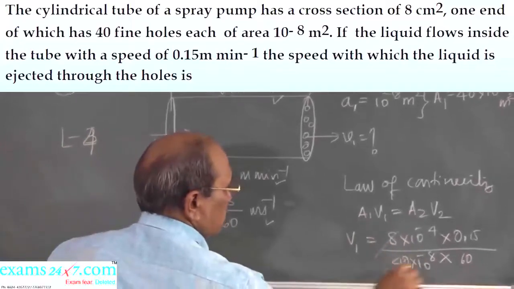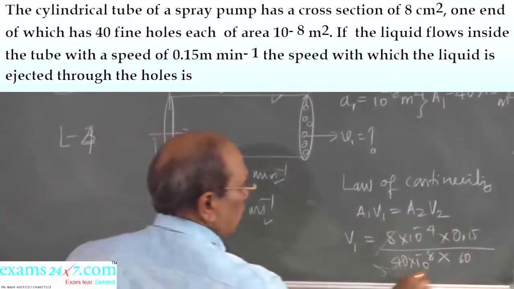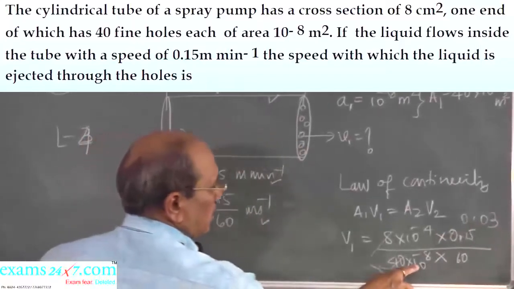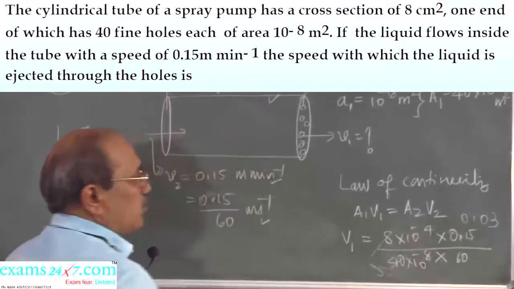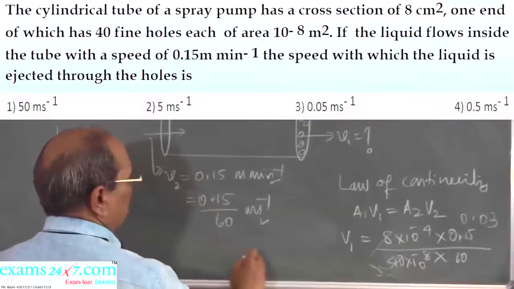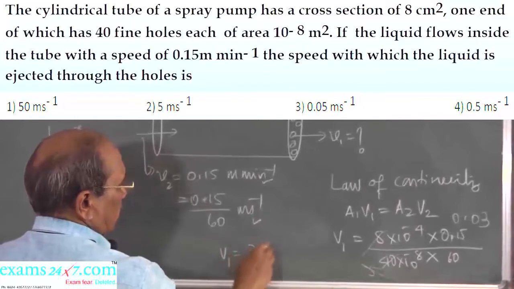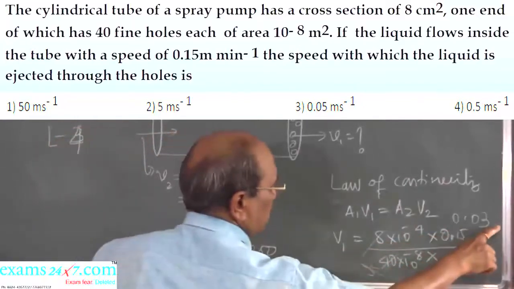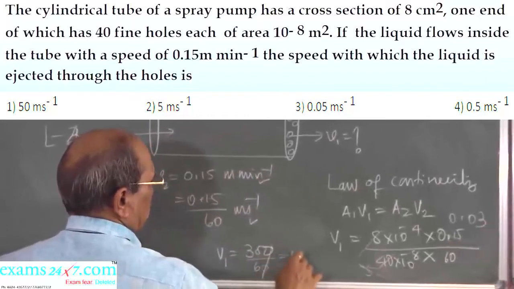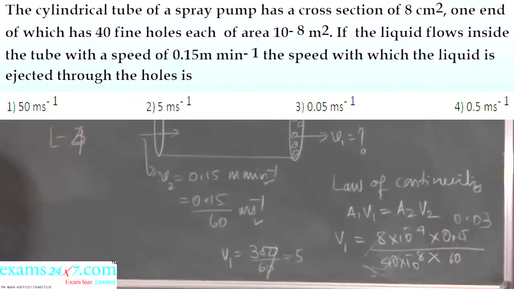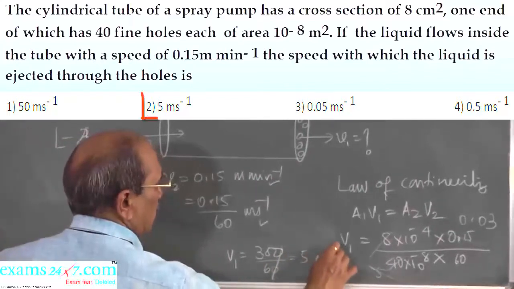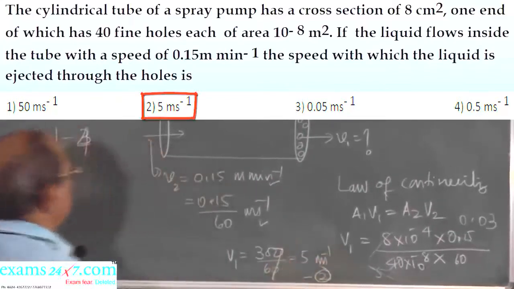Taking the 10 power to the numerator, 10 power plus 4 plus 2 is 300 by 60, which is 5. Option number 2. 5 meter per second.